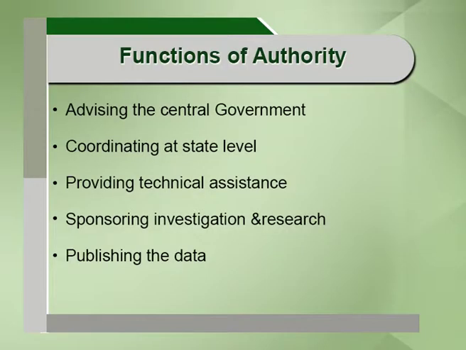And some of the functions of authorities mentioned in this act is advising. That means the authorities under this act, in the biodiversity and conservation areas, have to advise the central government about biological diversity conservation, how to conserve and how to proceed, and what the pros and cons of these activities are.